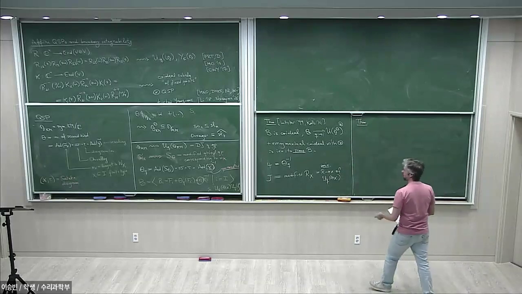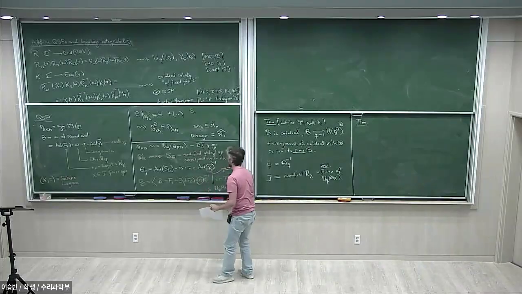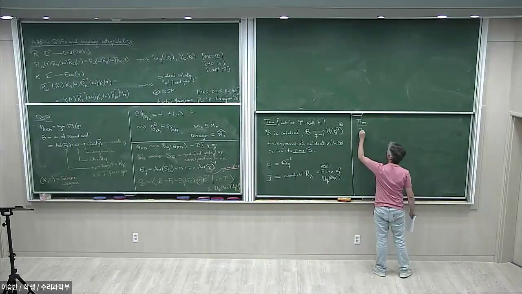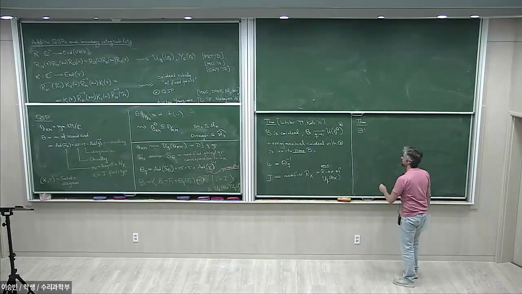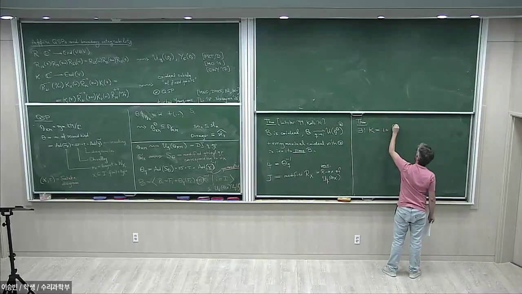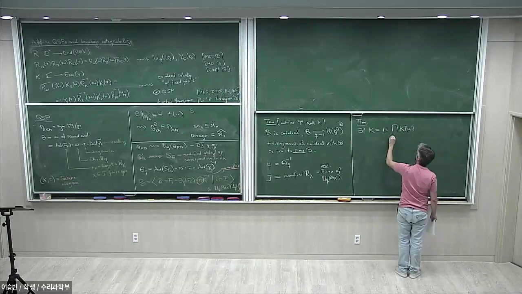Okay, and so what do we have? This is actually something that justifies also why we want to consider this algebra. It's basically because this theorem is true. So we see that there exists a unique element of this form. This is K. So let me write it like this.